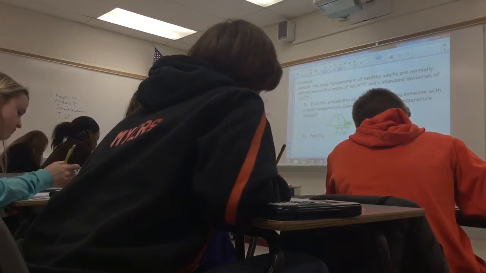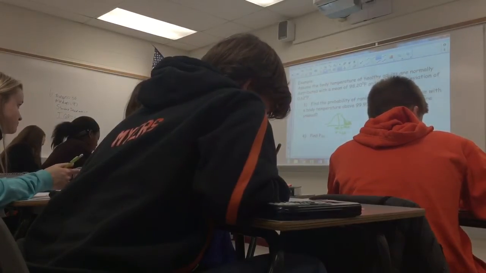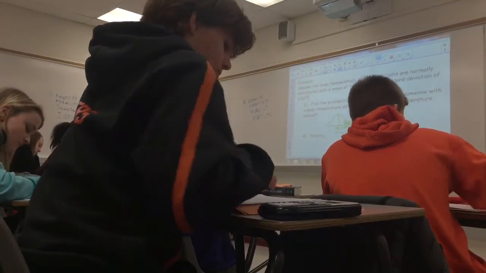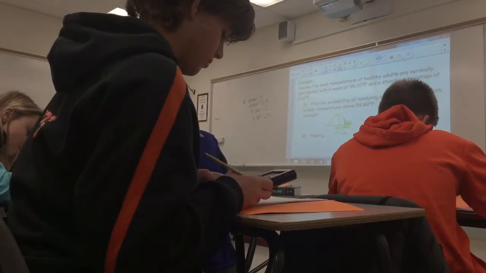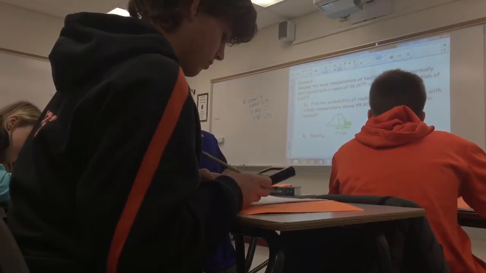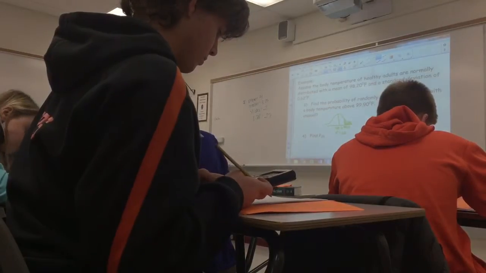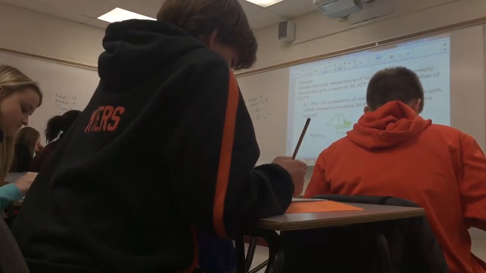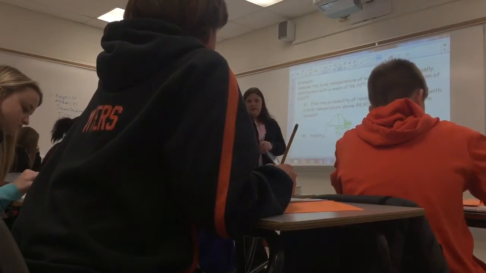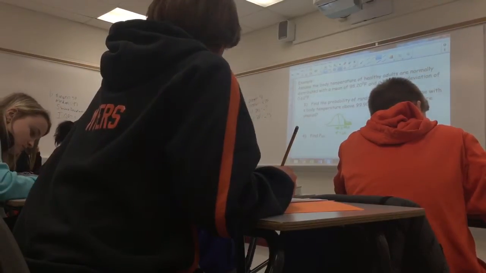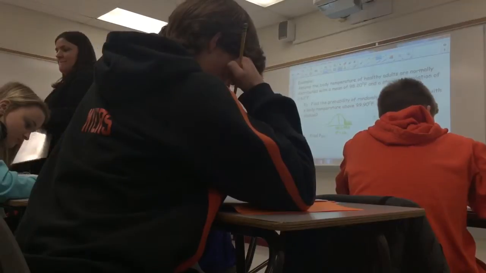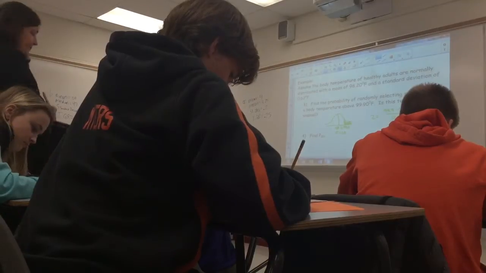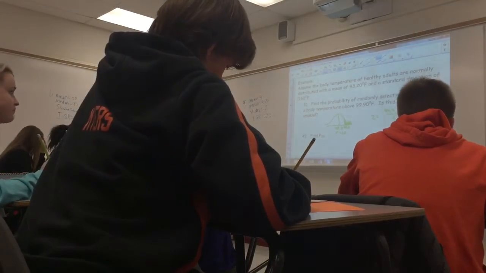Okay, so let's find the z-score. The z-score would be the number we're looking for, 99.9, minus the mean, 98.2, divided by the standard deviation of 0.62. What do you get? 2.74.